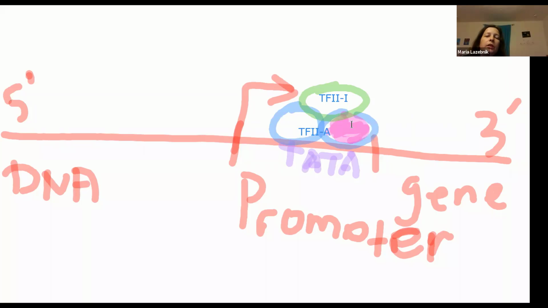So you get the idea. These are our general transcription factors. They bind to the TATA box because the DNA binding domain recognizes this specific sequence, TATATA, and then they recruit the enzyme RNA polymerase.